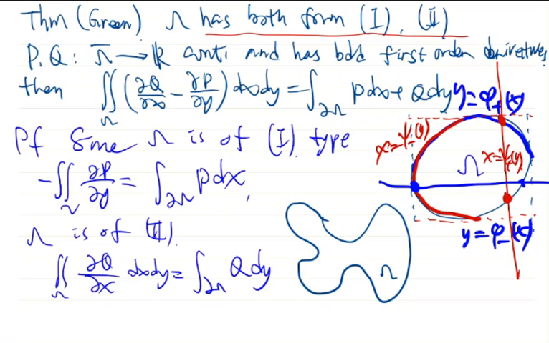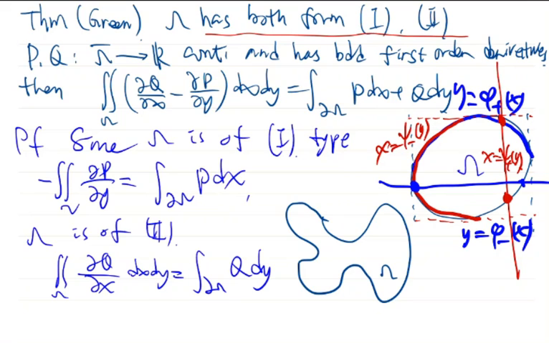But in this picture, for this omega, we have a line parallel to a coordinate axis that has more than 2 intersections with the boundary of omega. So this omega is neither of type 1 nor type 2.